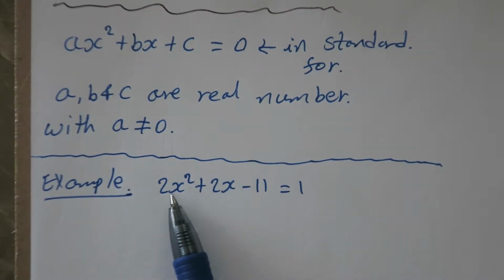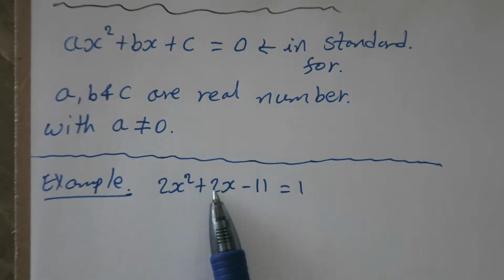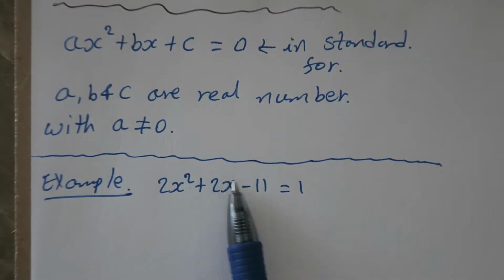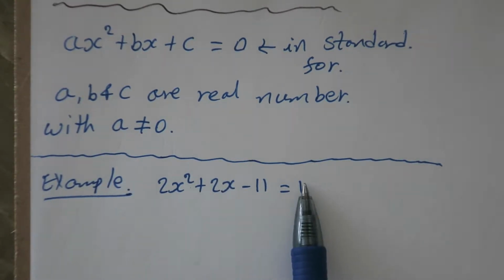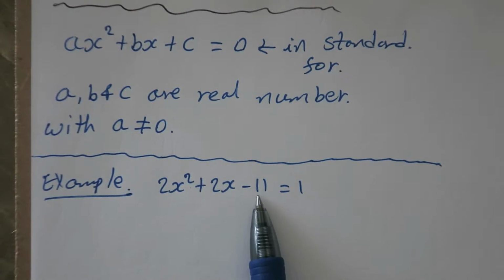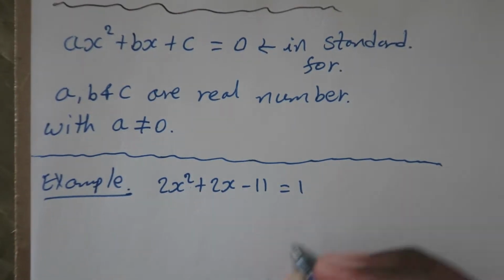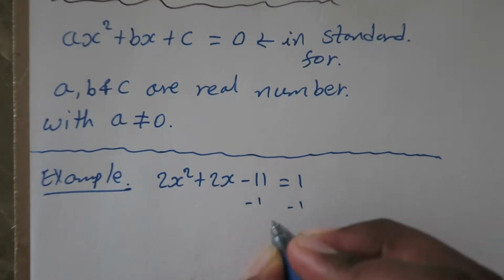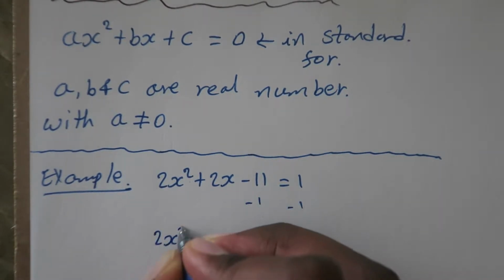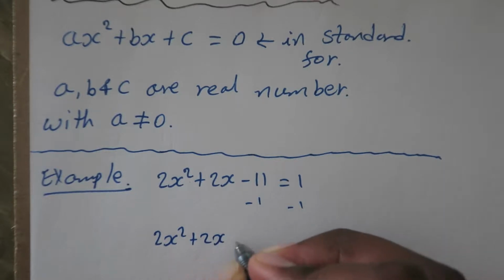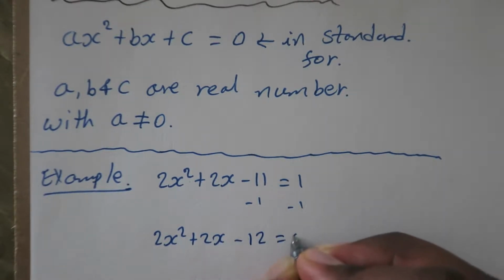I have the ax squared term, the bx term here, and the constant. I have to make this 0 by moving this over to the left. So you subtract 1 to make the right side equal to 0. So if I subtract 1, I get 2x squared plus 2x minus 12 is equal to 0.